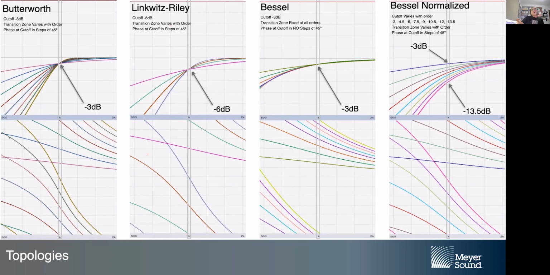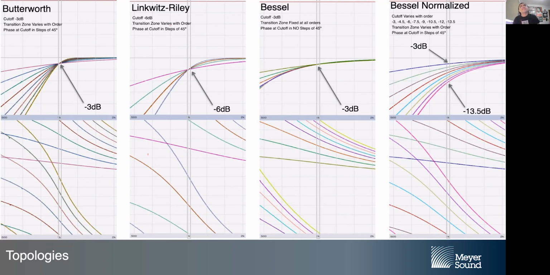With Linkwitz-Riley, instead of 8 variation filters, we have only 4, because it's order 2, 4, 6, and 8. And in Linkwitz-Riley, you can see -6 in all the options. For this reason, you can see in phase only 90 degrees, 180, 270, and 360.